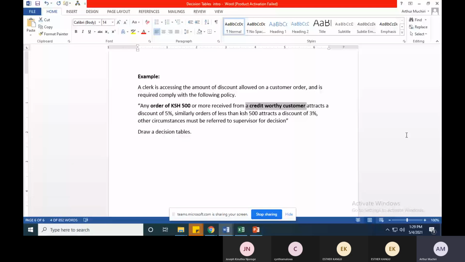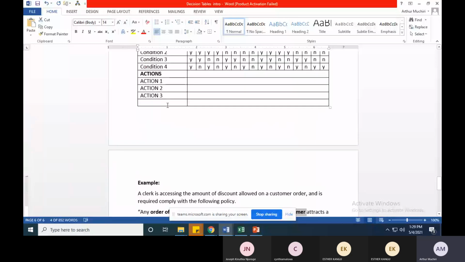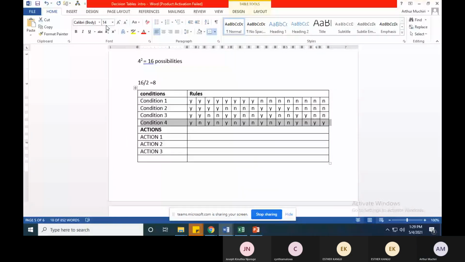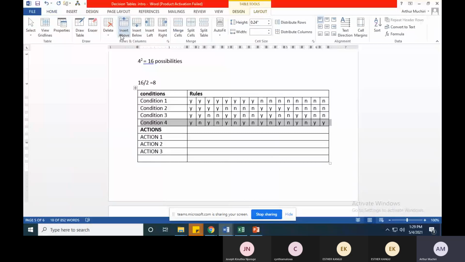It attracts the discount of 5. Similarly, orders less than 500. Of course, we cannot have 3 conditions here, it won't work with this chart. Is it possible? I don't think so. I've never seen such a question with 3 conditions.